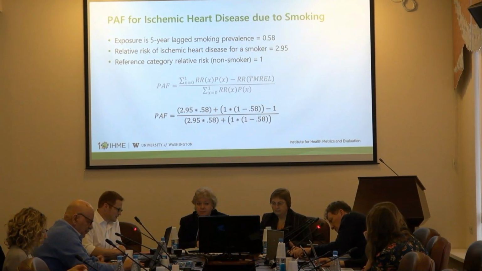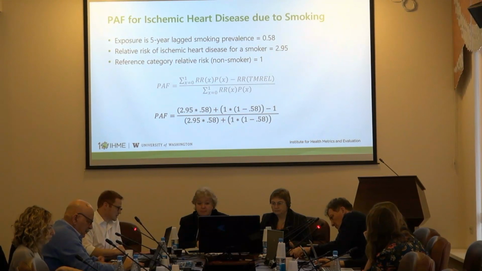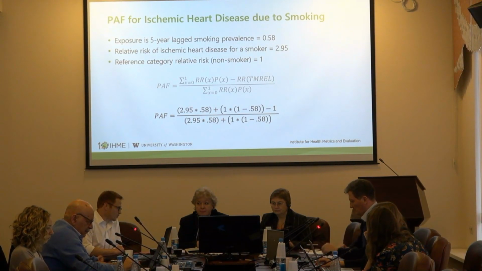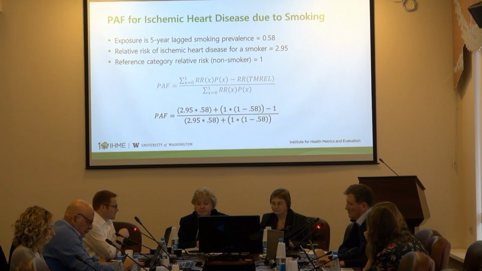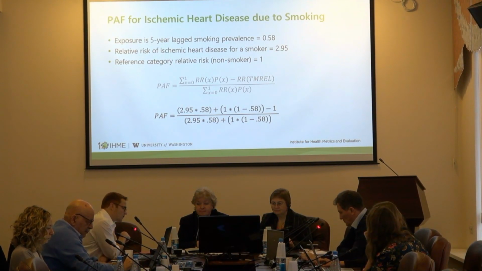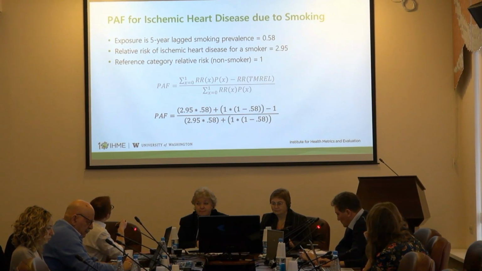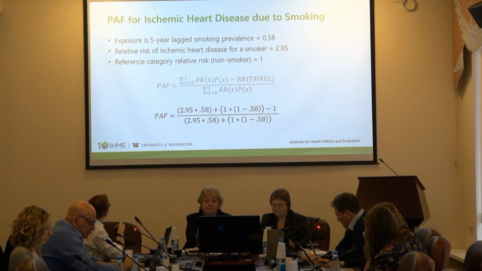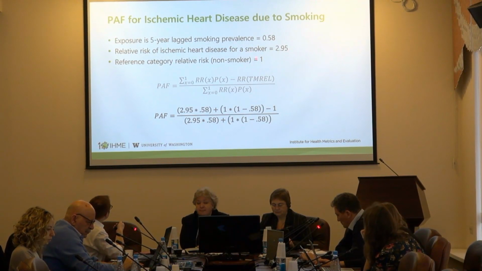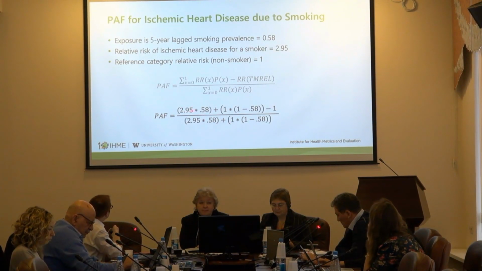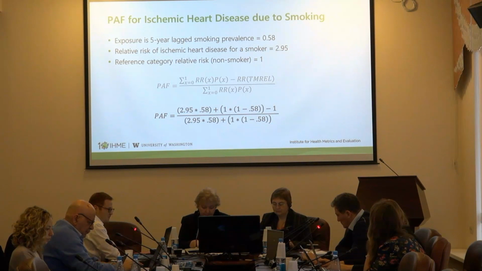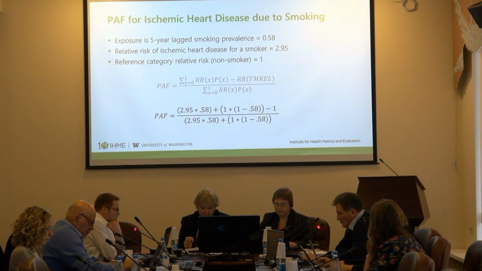For example, this would be calculating, looking at ischemic heart disease and smoking. We're plugging in one of the categories here. If the prevalence of smoking is 15%, the relative risk is 2.95, and the reference category is a non-smoker, obviously with a relative risk of 1, we can plug those numbers in to calculate the PAF from that level of smoking.